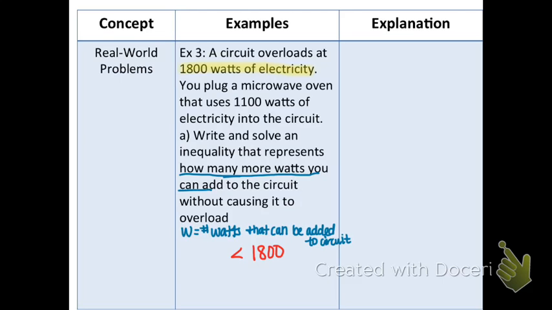The watts that are already being used by the microwave oven, and that's going to be there, is 1100. So the question is asking how many more watts can I add? That add word is a big keyword.